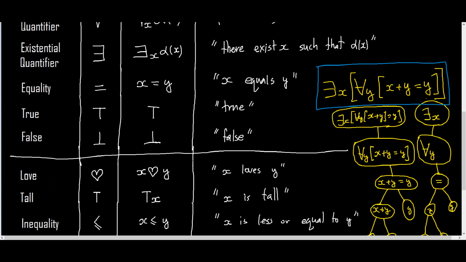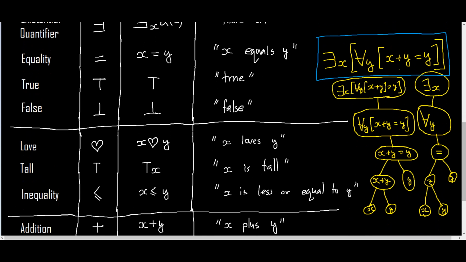Another thing to keep in mind is that when we build up a statement, the bracketing tells us how things are grouped, and the bracketing structure gives this tree built bottom up. But when we want to understand the logical meaning of this statement, we want to read it top to bottom.